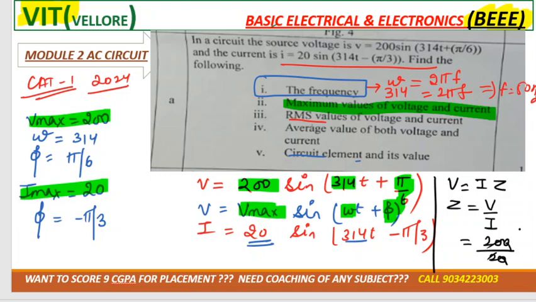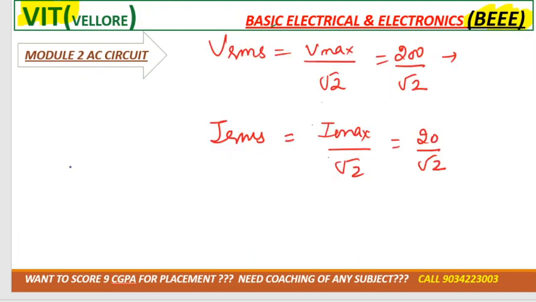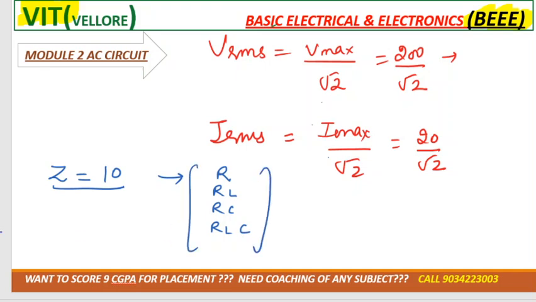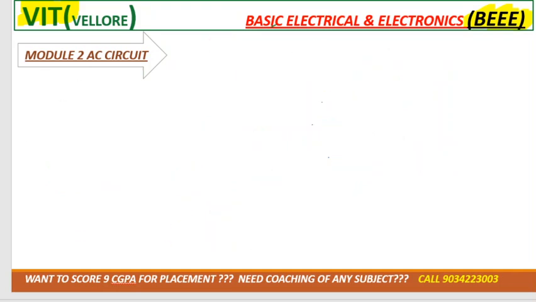Z is how much? 10. Understood? Impedance is 10. But impedance can be R, can be RL, can be RC, can be RLC, right? So for this you must know about the phasor diagram.